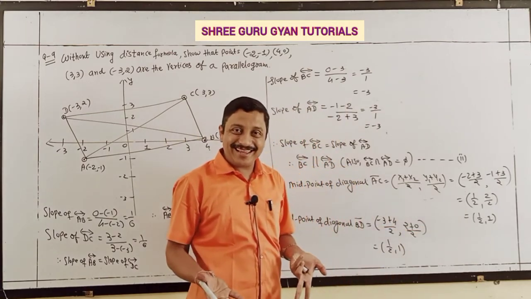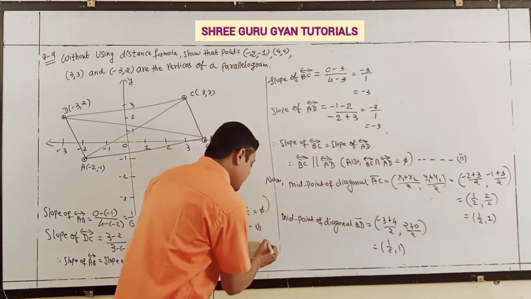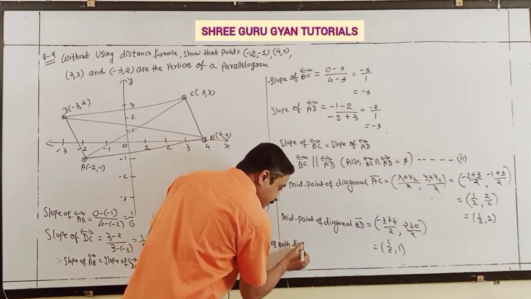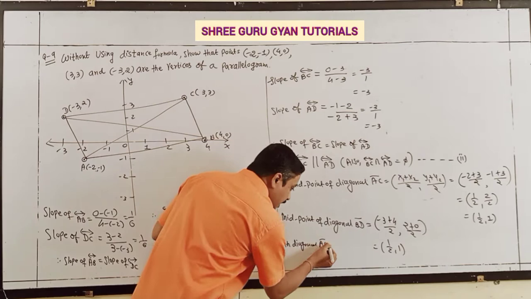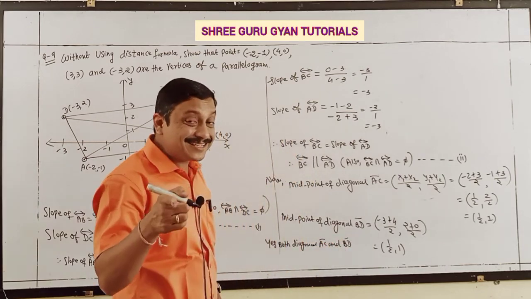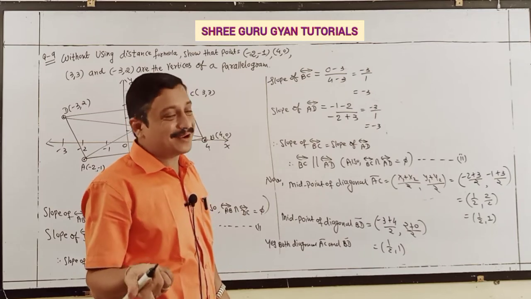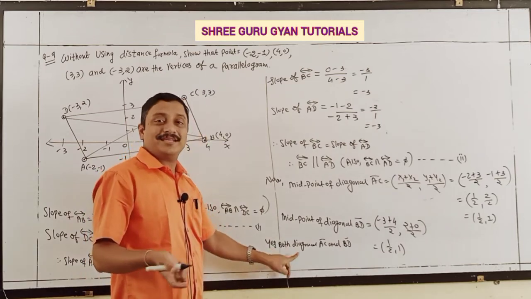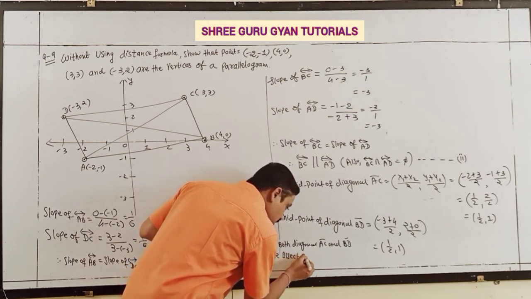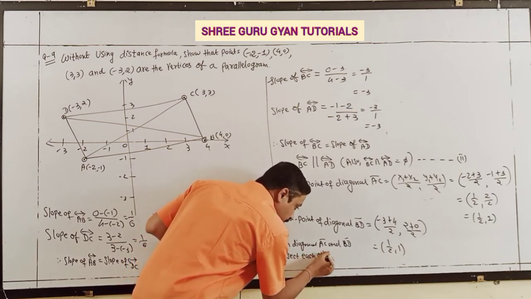Yes, definitely. So we can say both diagonals AC and BD bisect each other. That is the property of a parallelogram.